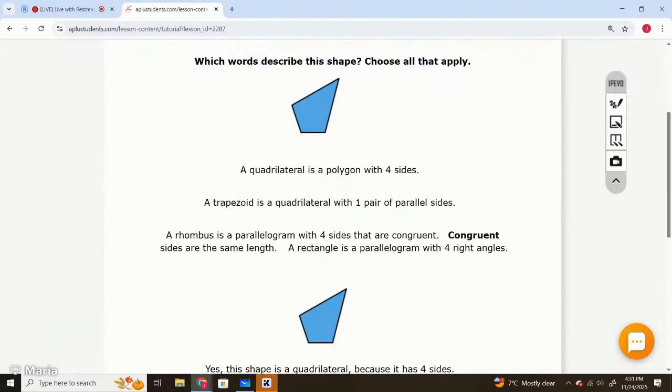Which words describe the shape? A quadrilateral is a polygon with four sides.